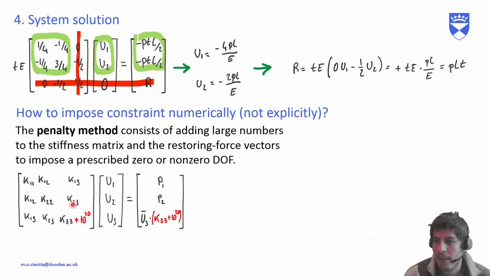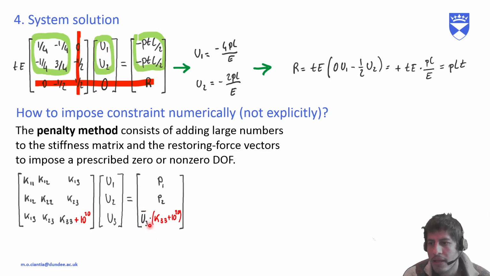And by doing so, you need also to change the right-hand side, so the equivalent nodal load vector, in such a way that if we look at just the last equation, this basically means k13 times u1 plus k23 times u2 plus k33 plus 10 to the 20 times u3 is equal to u3 bar times k33 plus 10 to the 20.